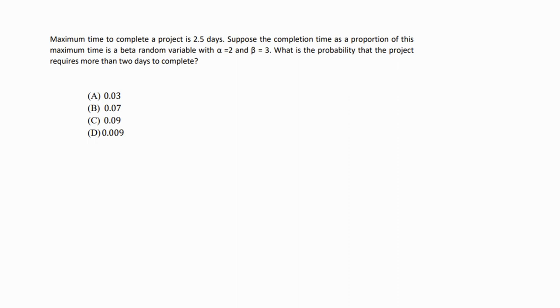So the next question here is on the beta distribution.